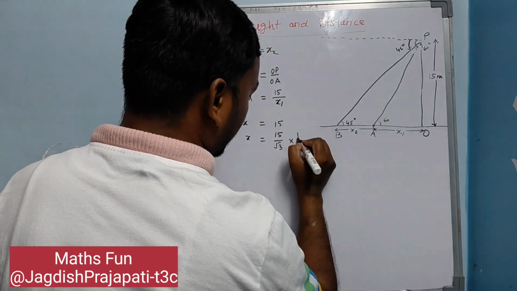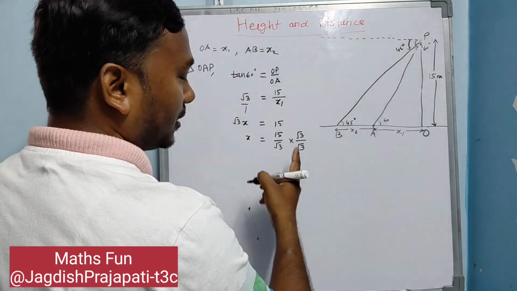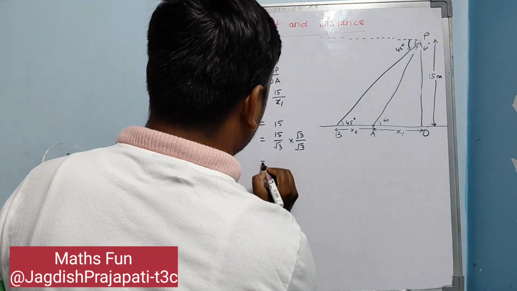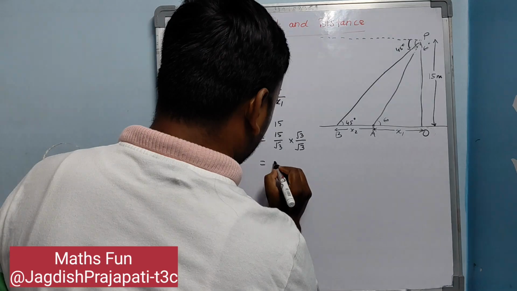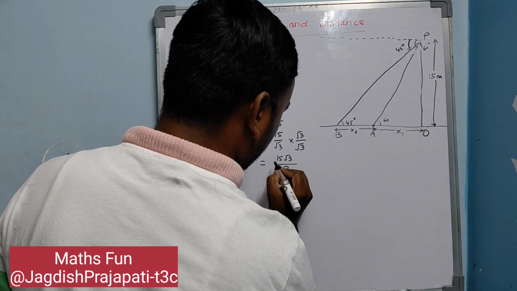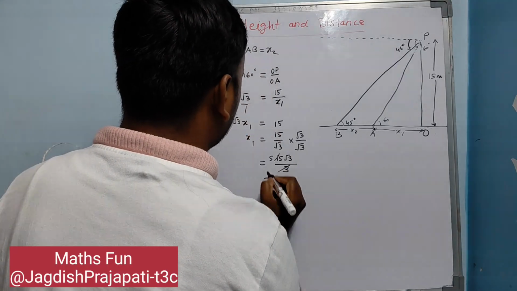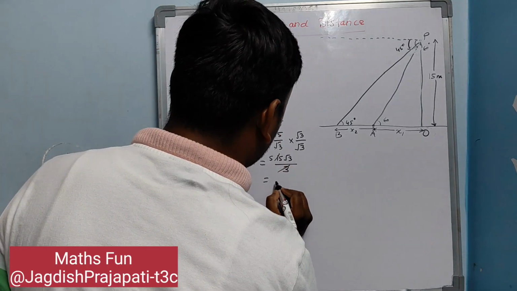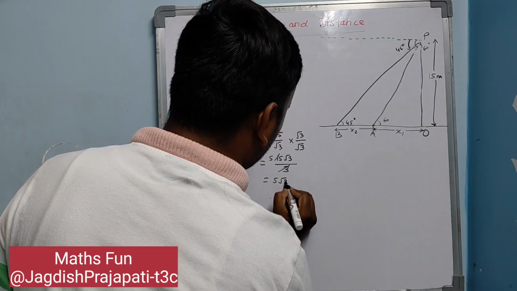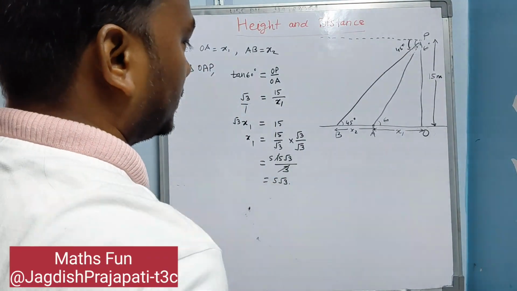We can multiply with the same quantity root 3. It will not harm us. So 15 under root 3 and this will becomes 3. So 3 5s are 15. So this is x1. Don't forget it. So x1 is 5 under root 3.